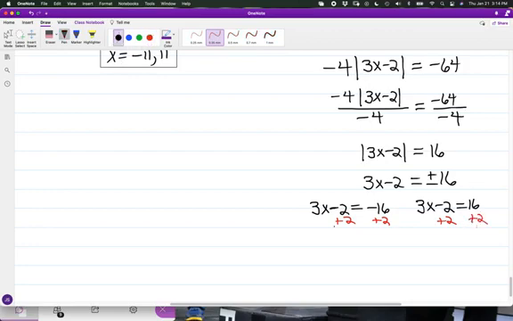So we're going to have 3x is equal to negative 14, and also we have 3x is equal to 18.